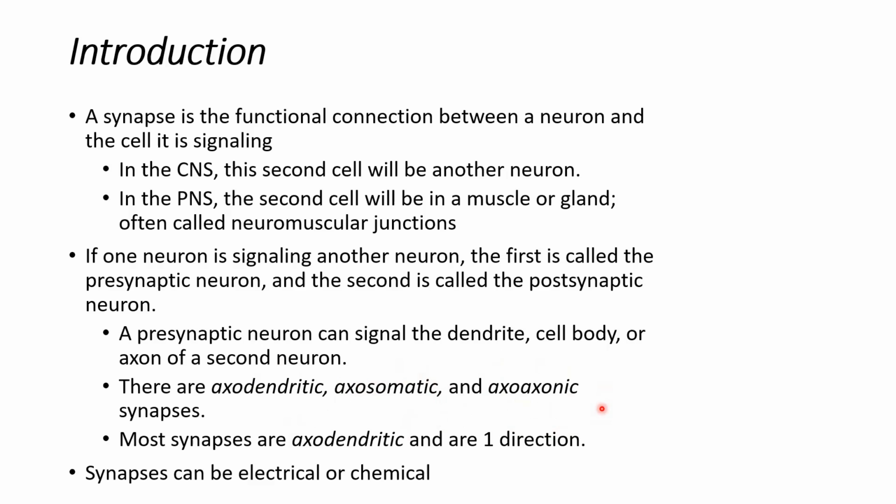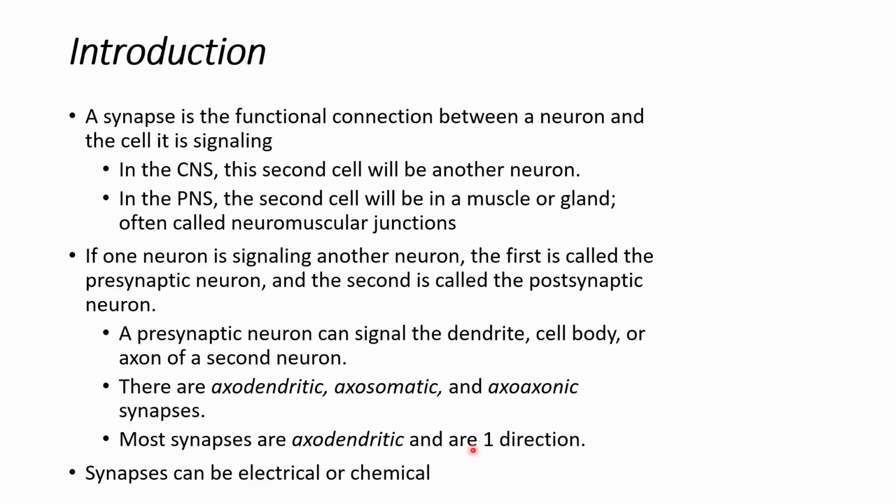So we can have an axodendritic synapse, an axosomatic synapse, or an axoaxonic synapse, depending on specifically where that presynaptic neuron will synapse. All right. Now, as we mentioned earlier, most of the synapses that we encounter will be axodendritic, and that is going to be most of what we speak about going forward.